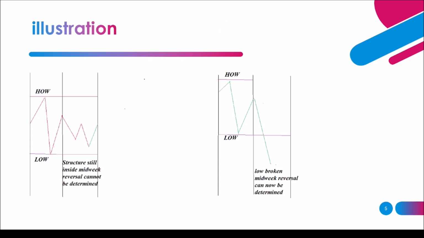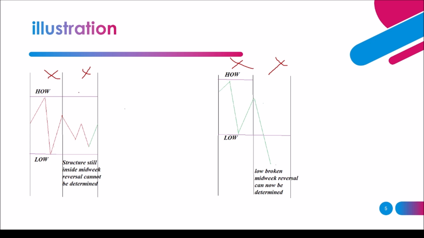The illustration of what we are trying to put across is this. In this case, we have this week and this week and this week and this week, right? We can see this week setting the high of day. This is just an abbreviation to say high of day, which is HOW, and high of week and low of week, LOW, like that.